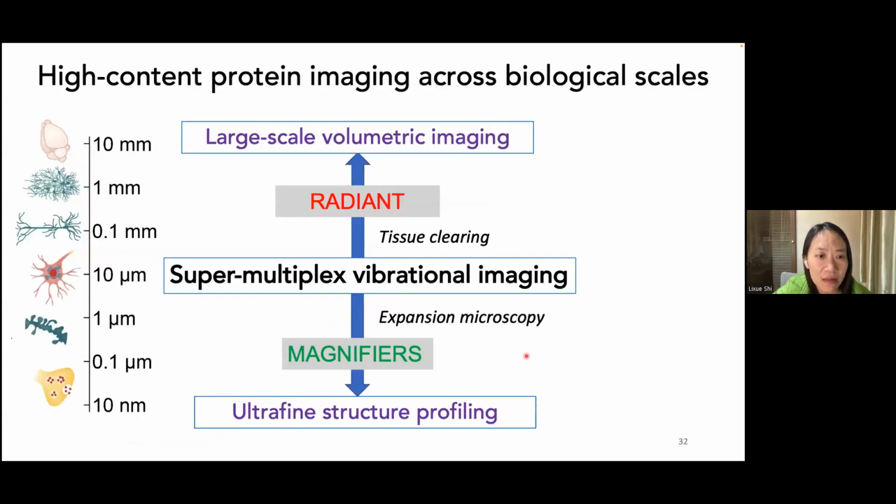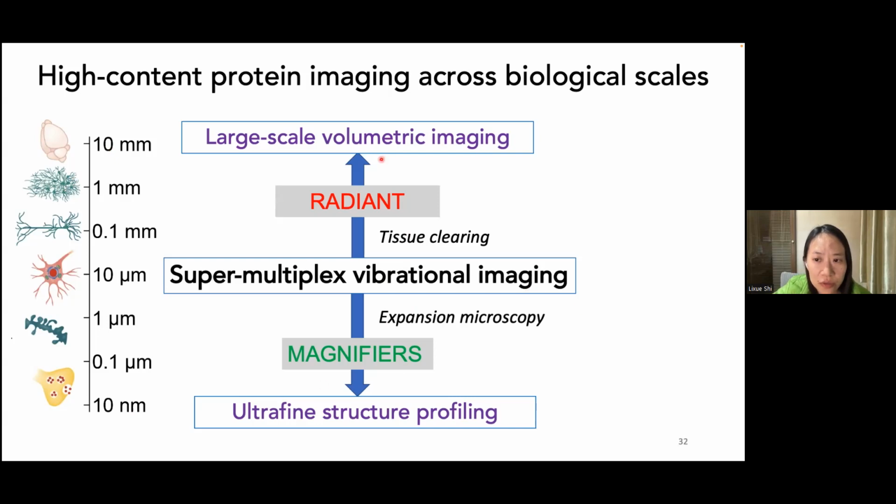So altogether, based on the super-multiplex vibrational imaging platform, we developed 2 technologies here for large-dimension protein imaging across different biological scales. Indeed, expansion microscopy itself is a hydrogel-based tissue cleaving approach.